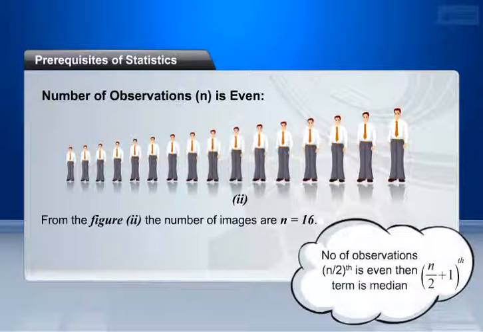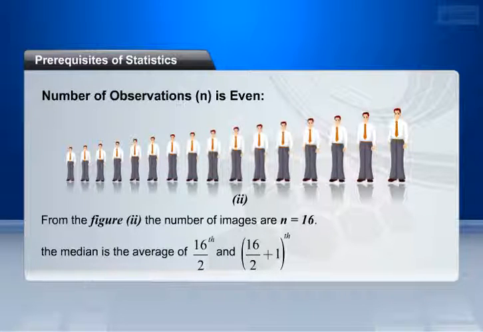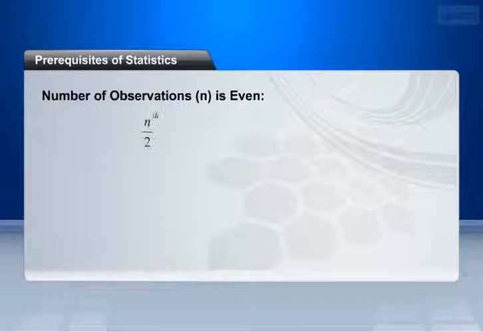We know that if n is even, we use the average of n by 2 term, and n by 2 plus 1 term as median. So, the median is the average of 16 by 2 term, and 16 by 2 plus 1 term. This is equal to n by 2. This is equal to 16 by 2, since n equals 16. This is equal to 8.